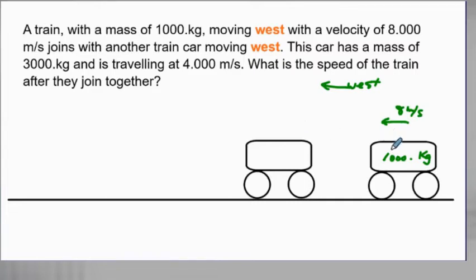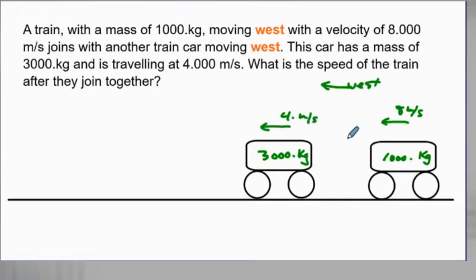Or a velocity, because I've given direction. I have another car with a mass of 3,000 kilograms, and it is also moving west, and it has a velocity of 4 meters per second.